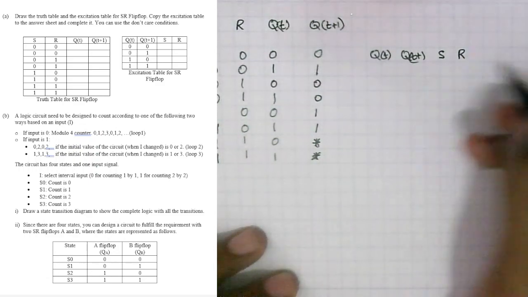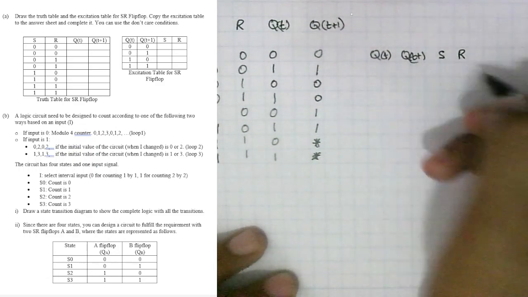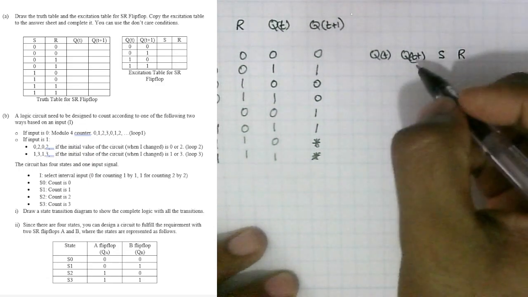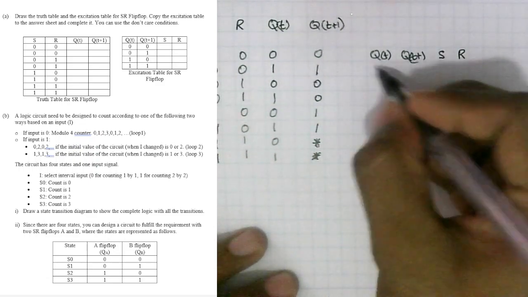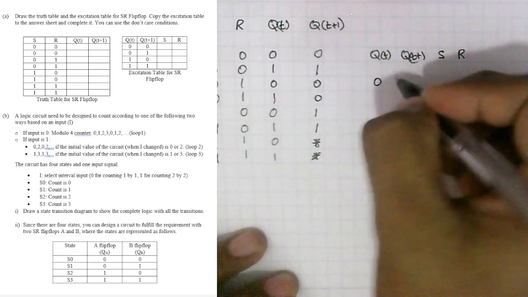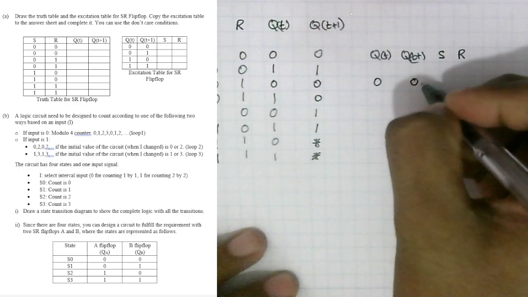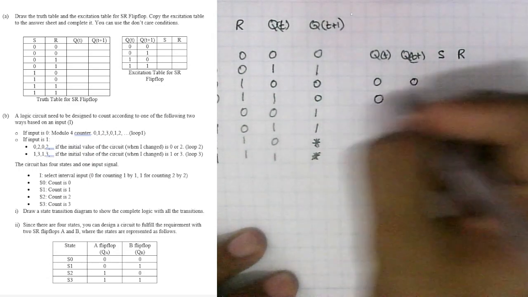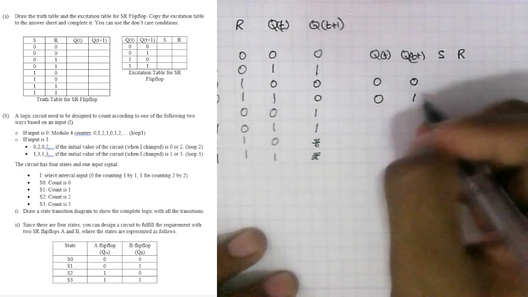So Qt and Qt plus 1 could be in different orders, right? So if Q is 0 and we need 0 in the next state as well, what is the SR configuration we need? If Q is 0 and we need 1 here, what is the transition?